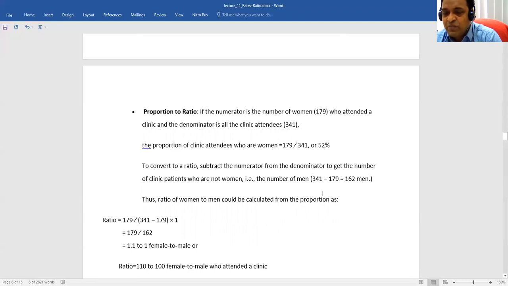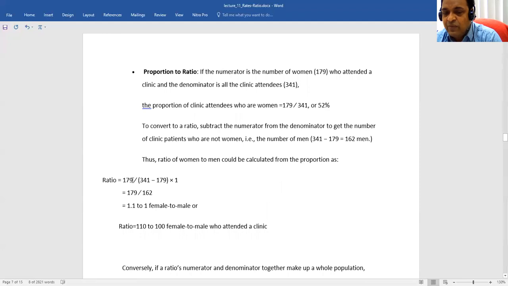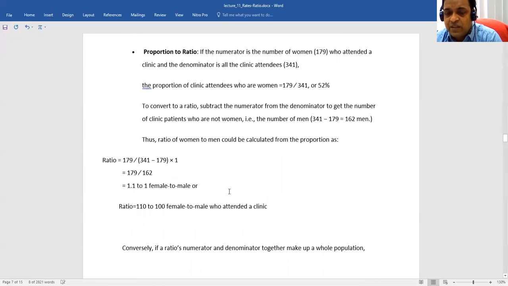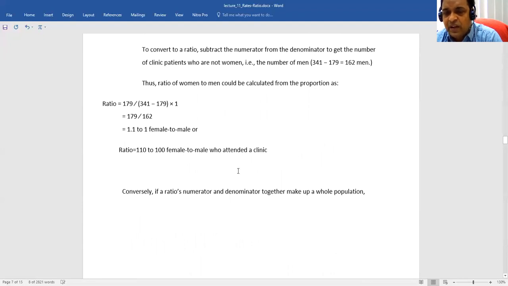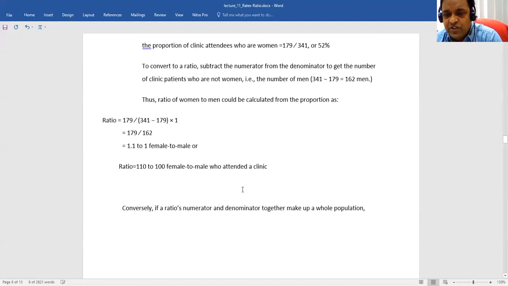So what is the ratio of female to male? Female is 179 and male is 162, giving 1.1, that is, if you multiply by 100, 110. That is, for 110 women, there are 100 males attending the clinic. So in this way, you can get the ratio from the proportion.